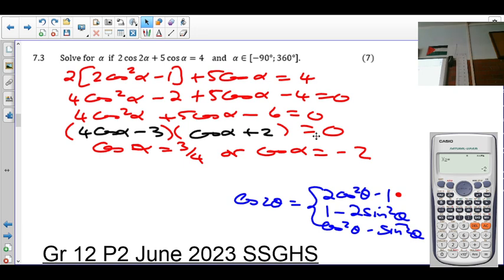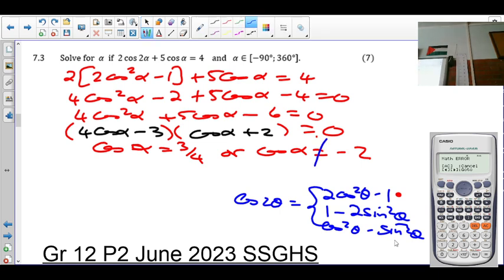But coming back to the question here, we are asked whether alpha is an element of negative 90 to 360. So we got arc cos of negative 2. That gives you an error because that's outside the given domain. So that one has no solution.